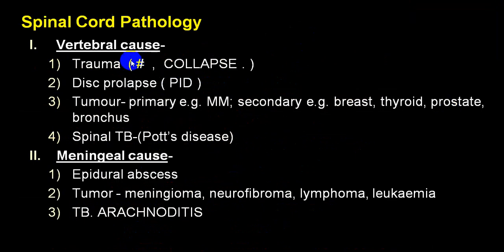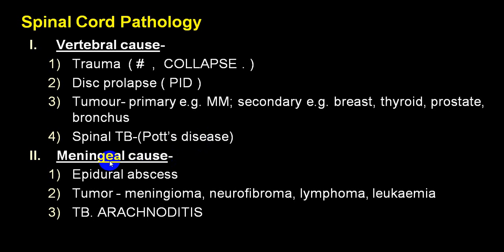As far as the vertebral bodies are concerned, trauma producing fracture or collapse, disc lesion like prolapsed intervertebral disc, or tumor which can be primary like multiple myeloma, and secondary metastasis from breast, thyroid, prostate, or bronchogenic carcinoma. You can also have involvement of the vertebral bodies by tuberculosis, which we call Pott's spine.